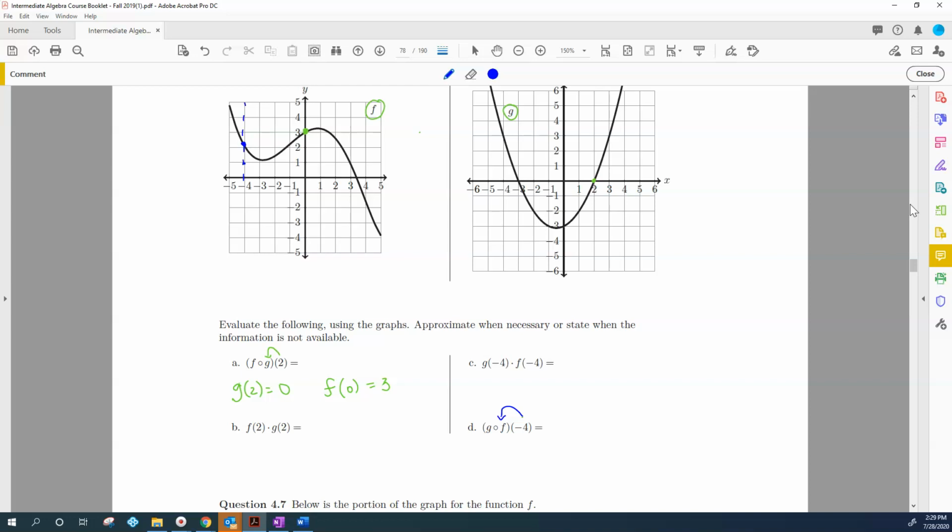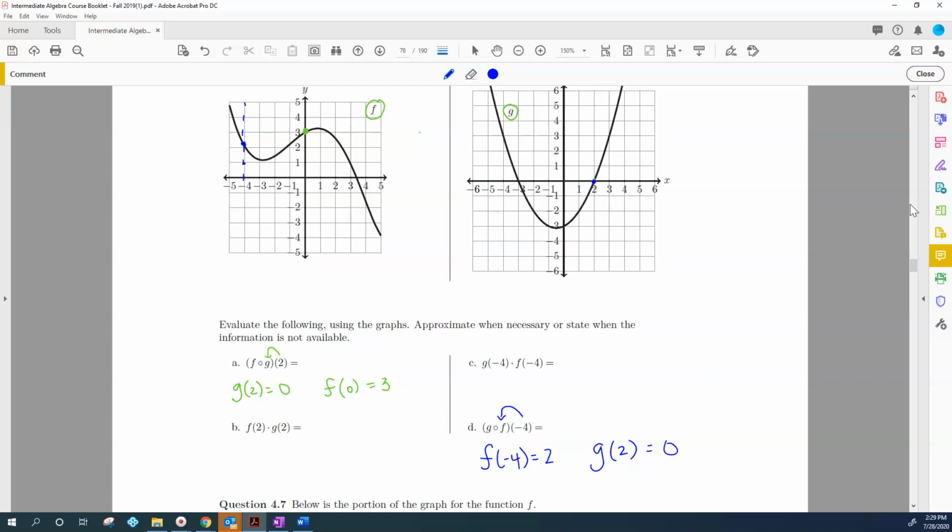And so that looks like it's pretty close to 2 there, right? And then I'm putting 2. So let me write this down here. So f of -4 equals 2. So then I'm figuring out what g of 2 is. And remember, that was right here. So that would be 0.